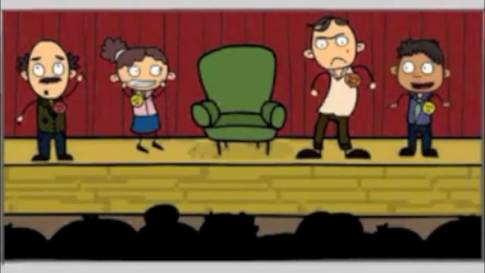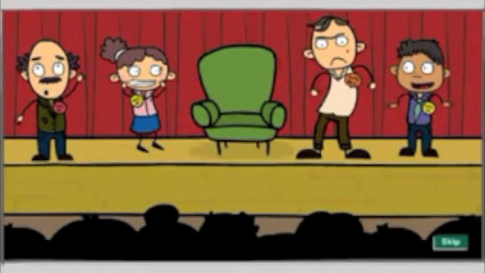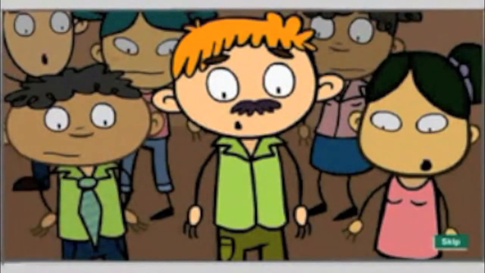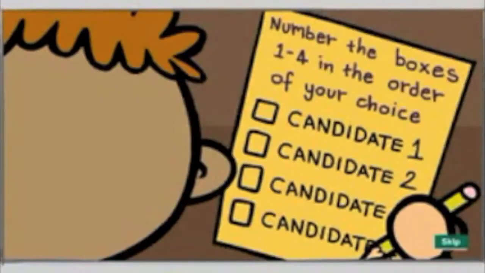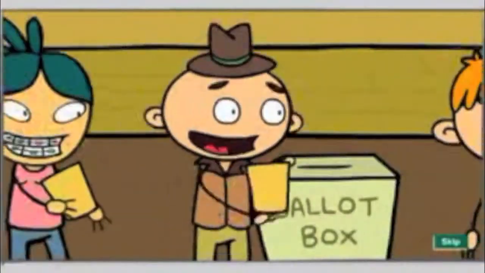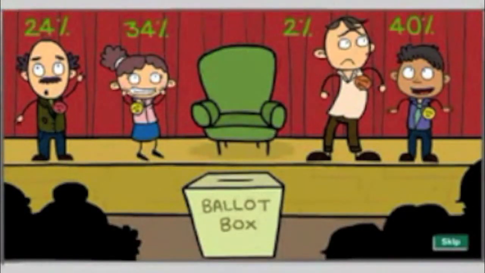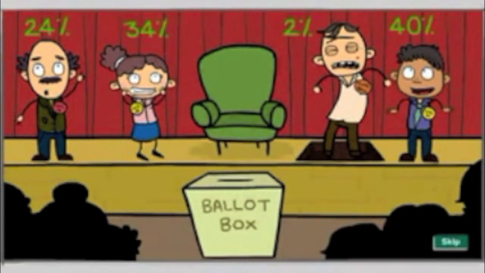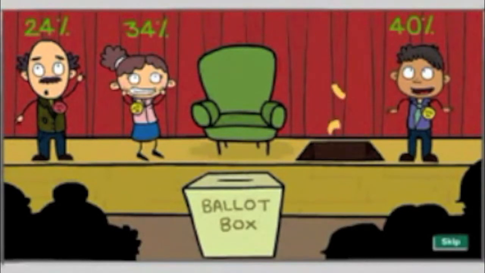This basically means that votes don't get wasted. Let me explain. You have to put the candidates in the order that you like them best. We've just counted all the number 1 votes, and we still don't know who is elected. No candidate has an absolute majority. The candidate with the fewest votes is excluded.